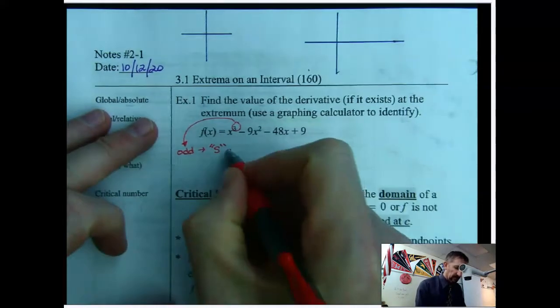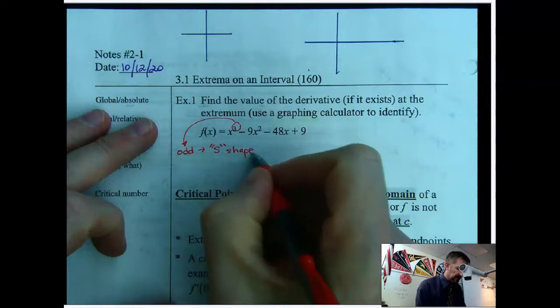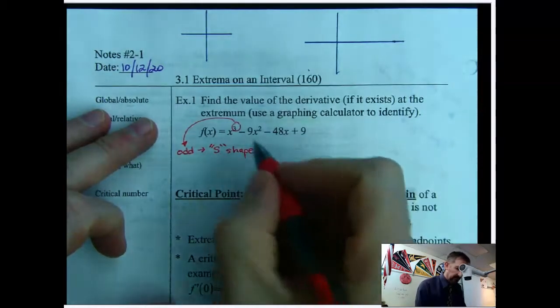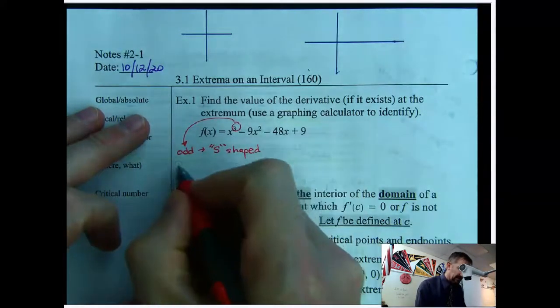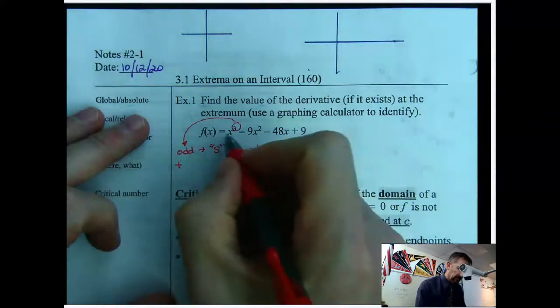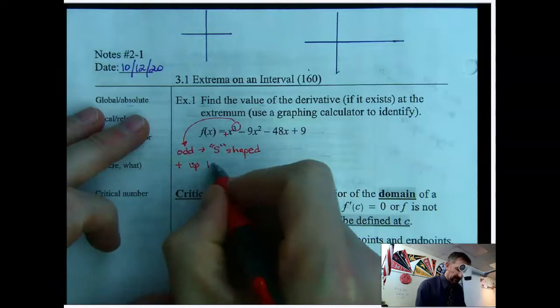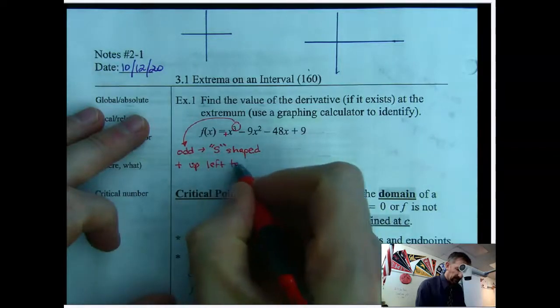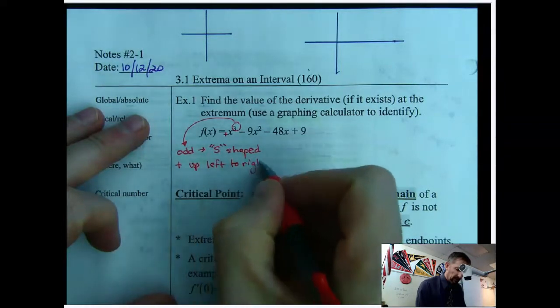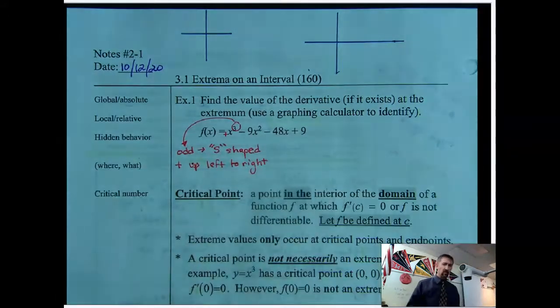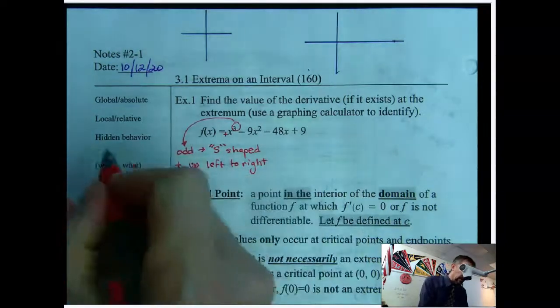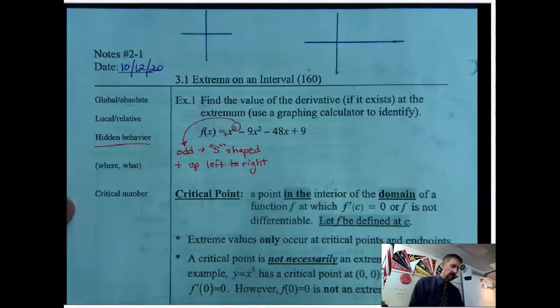So we know that it's S-shaped, and the leading coefficient is positive, so it goes up from left to right. That's important to know because that helps us with what we call hidden behavior.